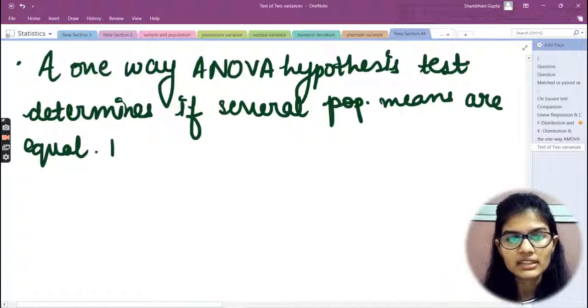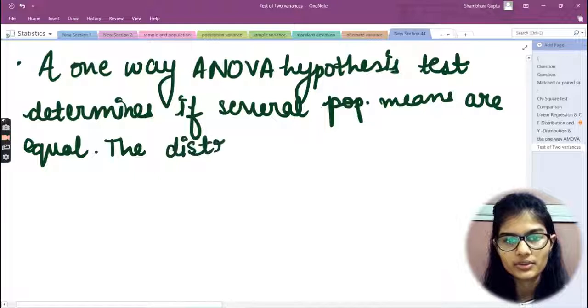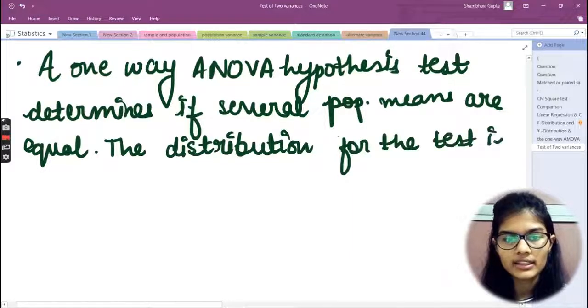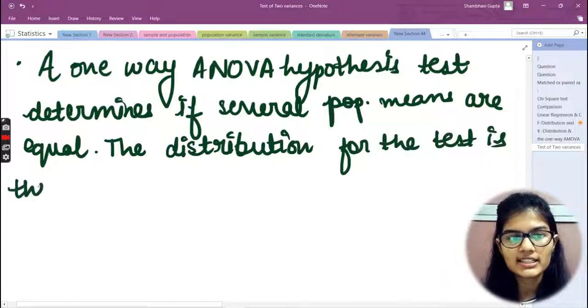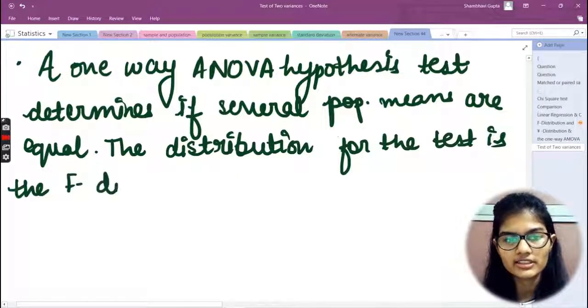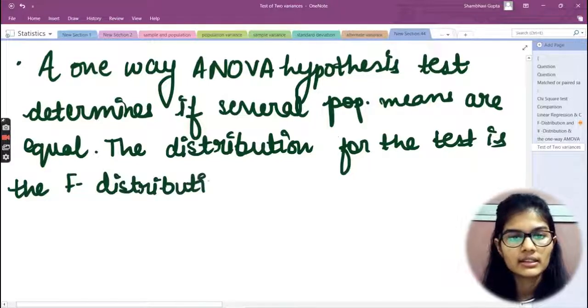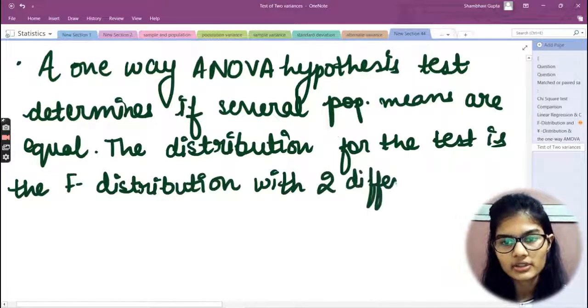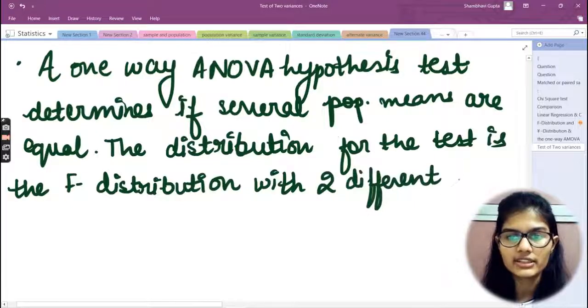Now, the distribution for the test. The distribution for the test is the F distribution with two different degrees of freedom.